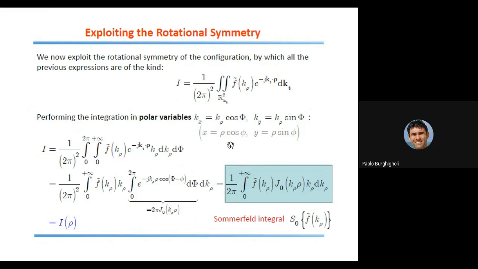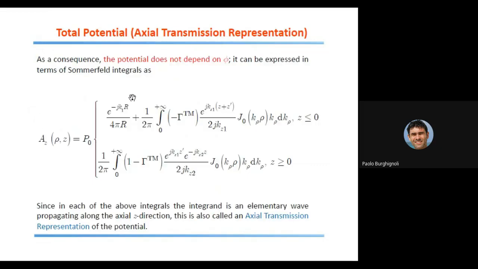Having noted this, we can rewrite our solution to the Sommerfeld problem in terms of single spectral integrals that are Sommerfeld integrals: the one for the reflected wave in the lower half space, and the one for the transmitted wave in the upper half space. Note that in this representation, the integrand contains a Bessel function along the radial coordinate rho, and the Bessel function has the character of a standing wave.